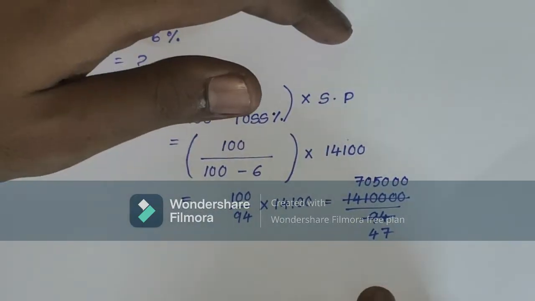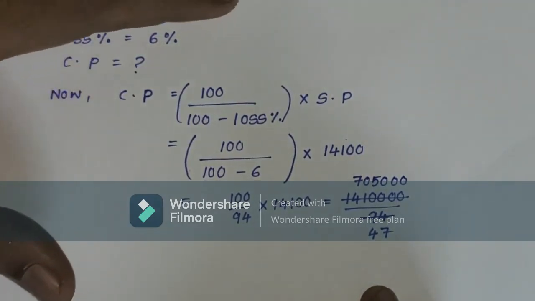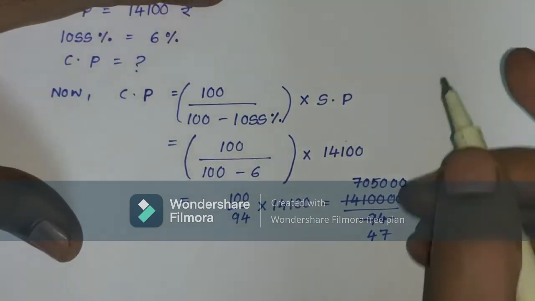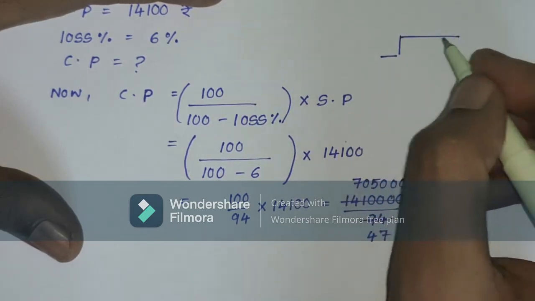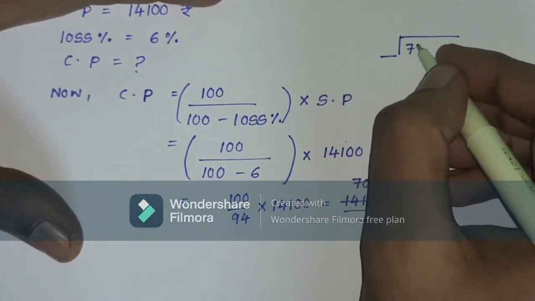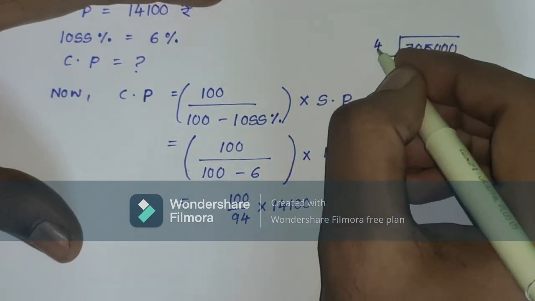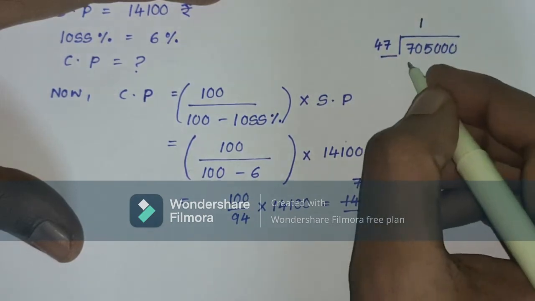Now how can we solve this, student? We can do a simple division. We are going to do a simple division: 705 with 47. If you see, student, 47 goes 1 time in 70.